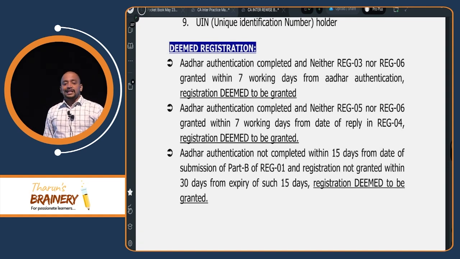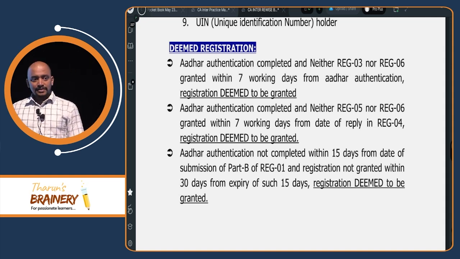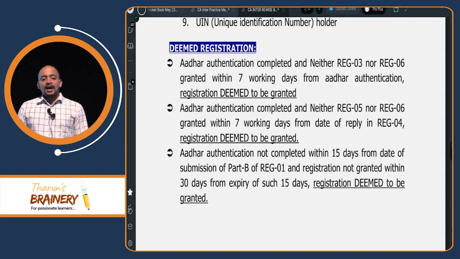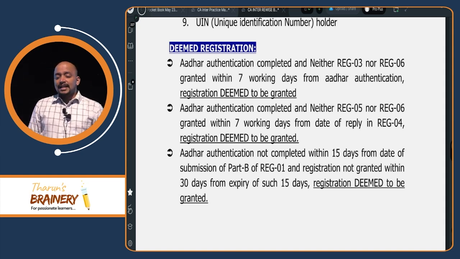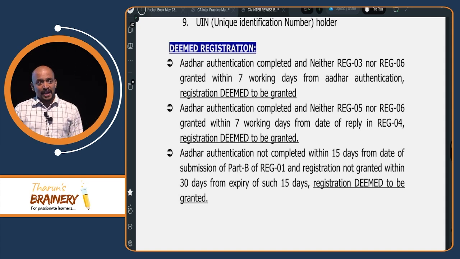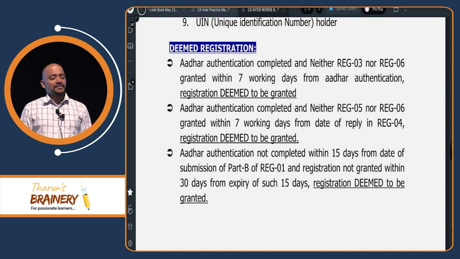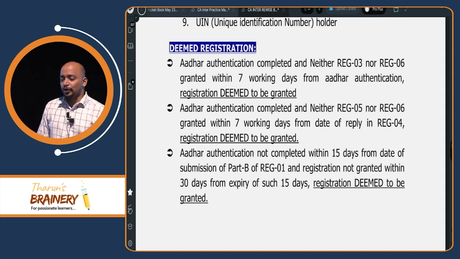See that Aadhaar authentication completed, neither REG3, what is REG3? Notice. Nor REG6, certificate, within 7 working days. Then second, Aadhaar authentication completed, neither REG5, what is REG5? Rejection. Nor REG6 certificate within 7 working days from the date of reply to notice.